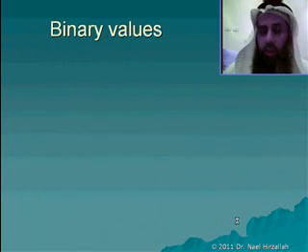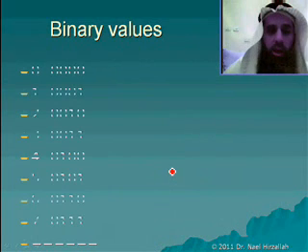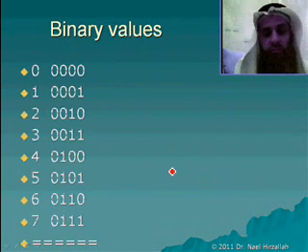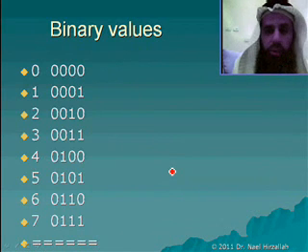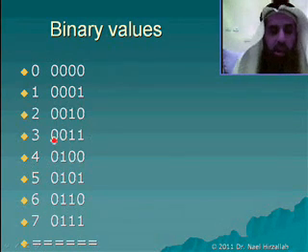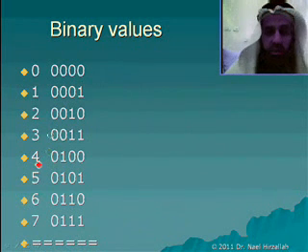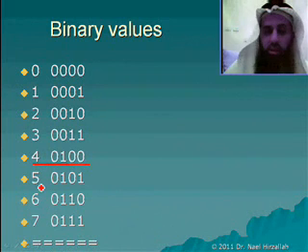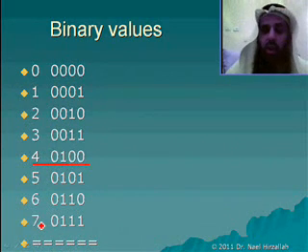Now, I'm not asking you to memorize this, but actually you can easily find those values, and this helps you to convert from hexadecimal to binary and from binary to hexadecimal. For instance, 4 means 0100, and 7 is 0111.